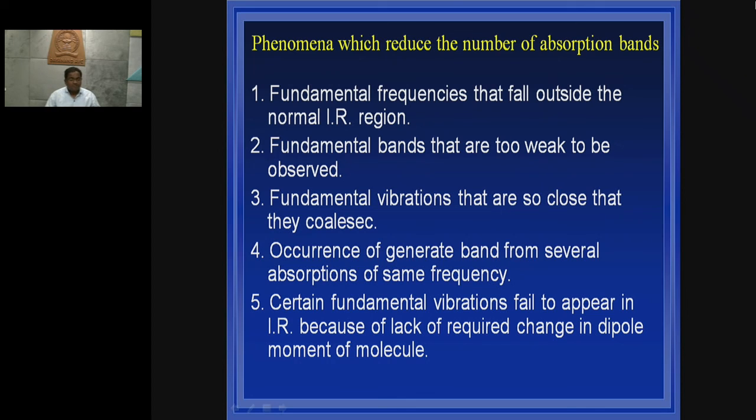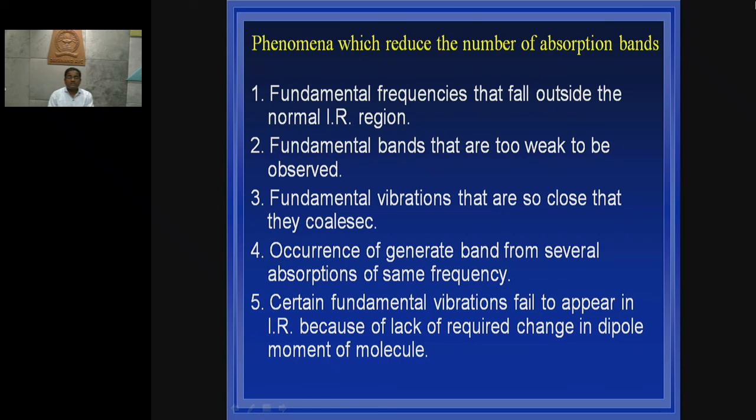In some cases bands are there, but they indicate very weak signals in the spectra. Third, fundamental vibrations that are so close that they coalesce, meaning they merge into one another, and that again reduces the number of bands.